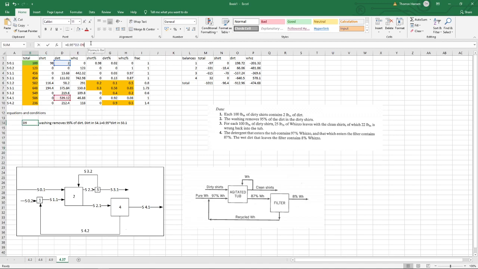So that's why I put it up like this, because that is technically what the assignment says, that it removes 95% of the dirt in the dirty shirts, or in the stream with dirty shirts. So the entire system is 95.